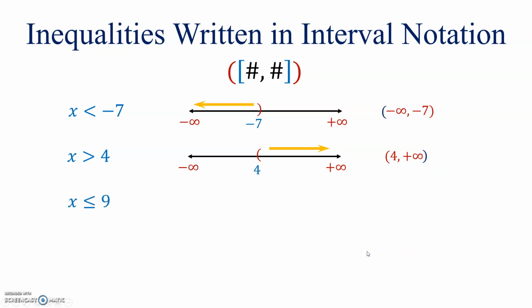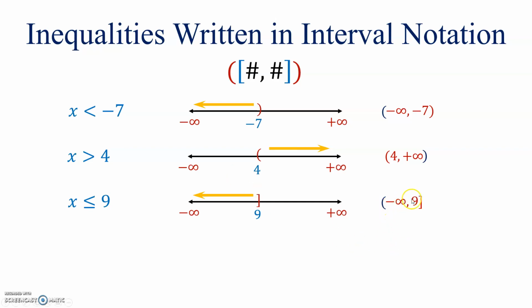Next one, x is less than or equal to 9. So on our number line, there's our 9, and we would have put a bracket going toward the left, put in our two infinities, and we could see that we would have shaded to the left of 9, which would include -infinity. So we'll put what we initially have, the -infinity, 9 and the closed bracket. Again, infinity will always have the parentheses.